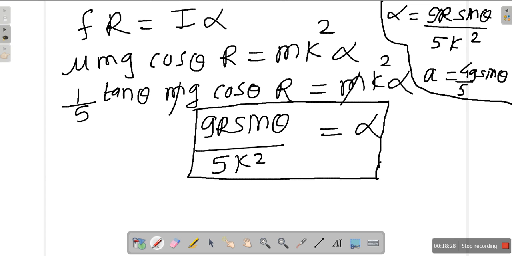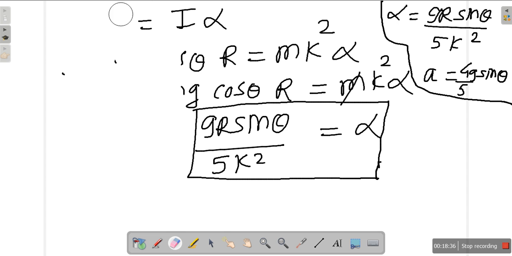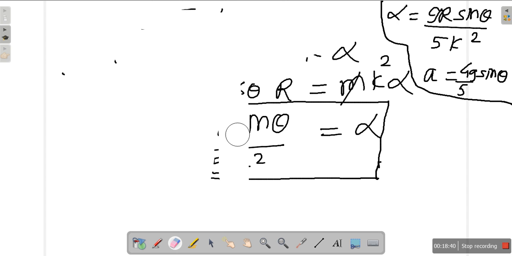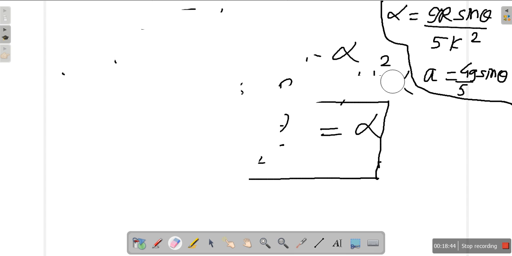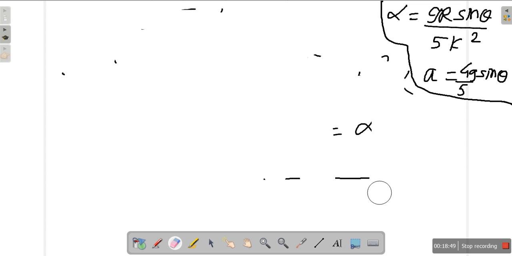Now we are again coming back to using Newton's equations of motion. So let us find out the energy. Now there will be two types of energies. One will be translational energy and other will be rotational kinetic energy. So let us first try to find out the translational kinetic energy. We will use Newton's third equation of motion, v square equal to u square plus 2as.